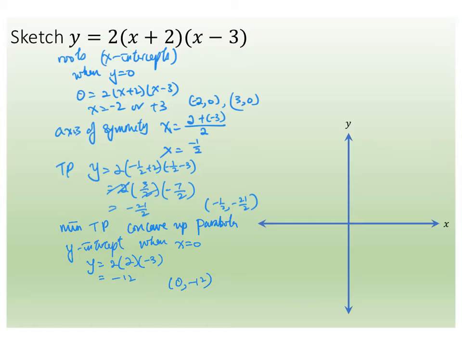Alright, let's start sketching it. So we know the axis of symmetry is x equals −1/2. And then you know the turning point is (−1/2, −21/2). So let's say somewhere around here. And then since we know that it is concave up, we could actually sketch this first.